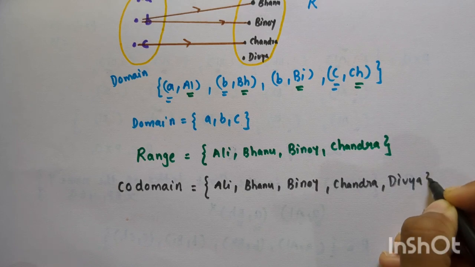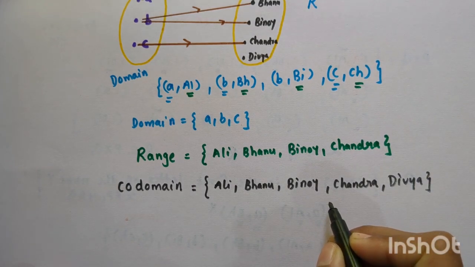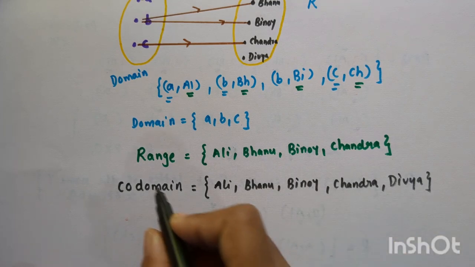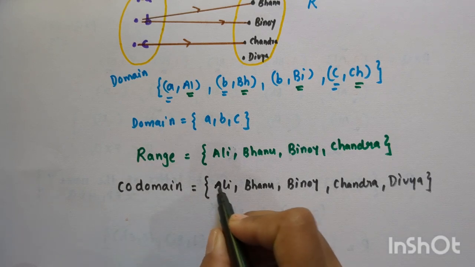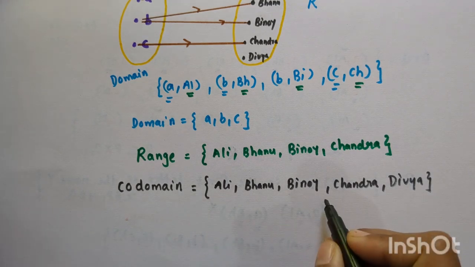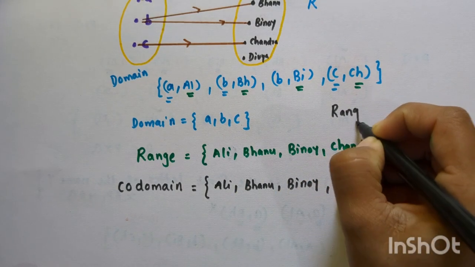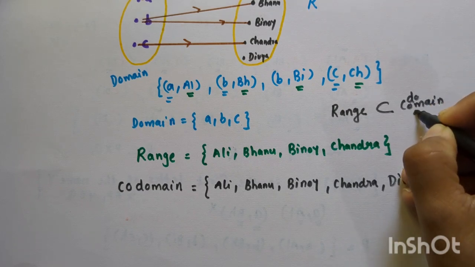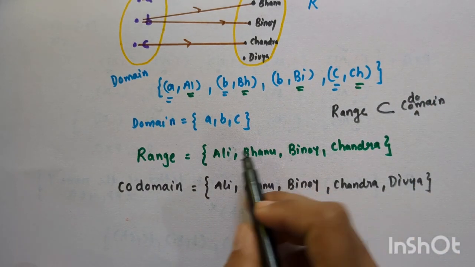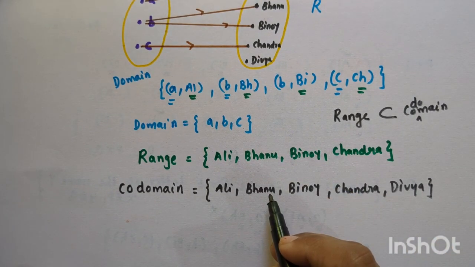So the codomain will be this set. Here you see the range is a subset of the codomain, because the range has Ali, Banu, Binoy, Chandra, and all these elements are present in the codomain.